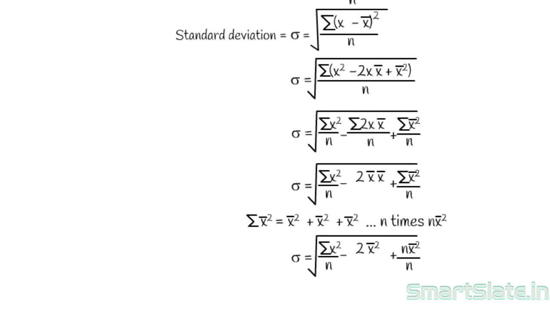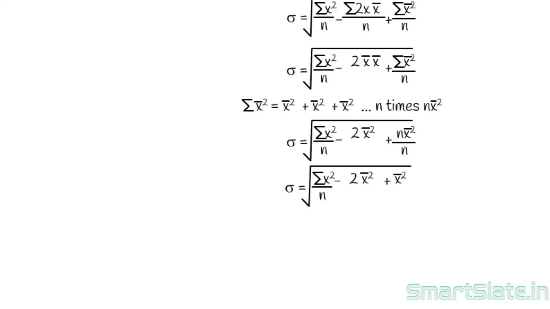Cancel the term n. We get square root of sum of x square by n minus 2 x bar square plus x bar square. Minus 2 x bar square plus x bar square is minus x bar square. So sigma is equal to square root of sum of x square by n minus x bar square.